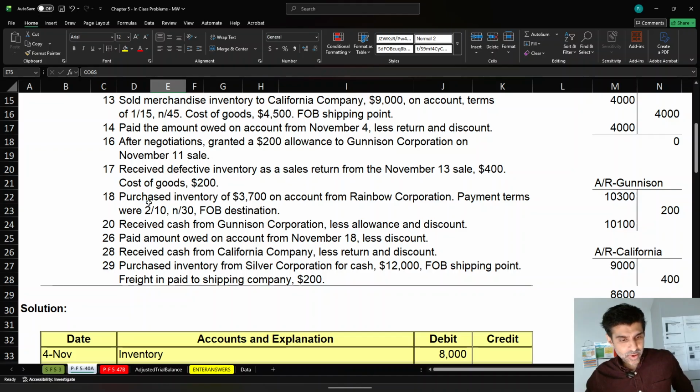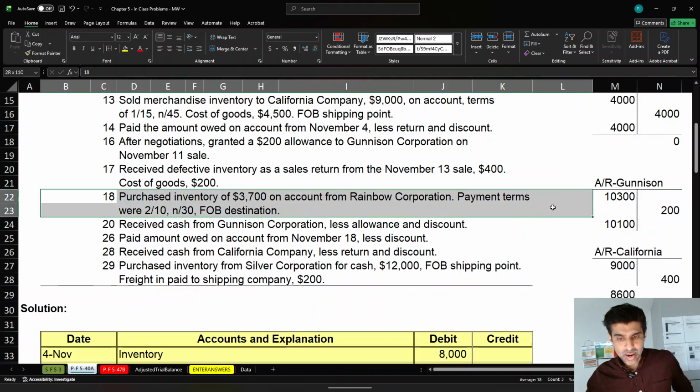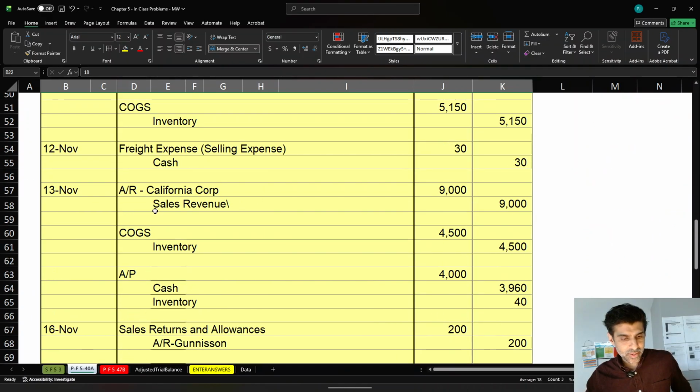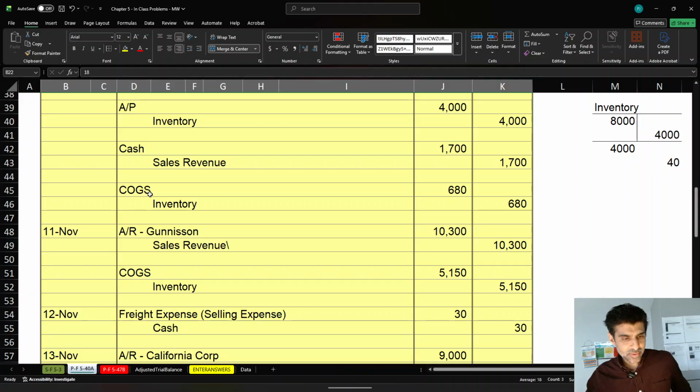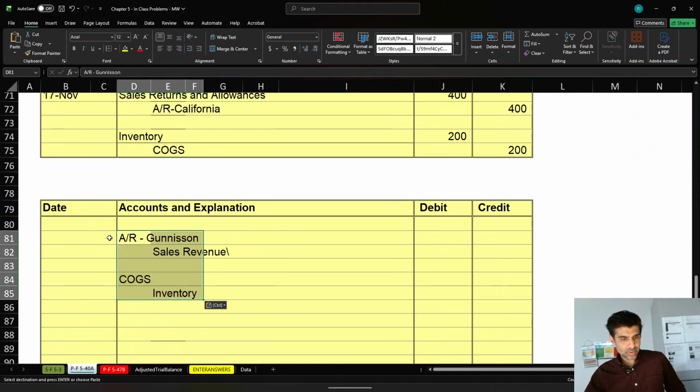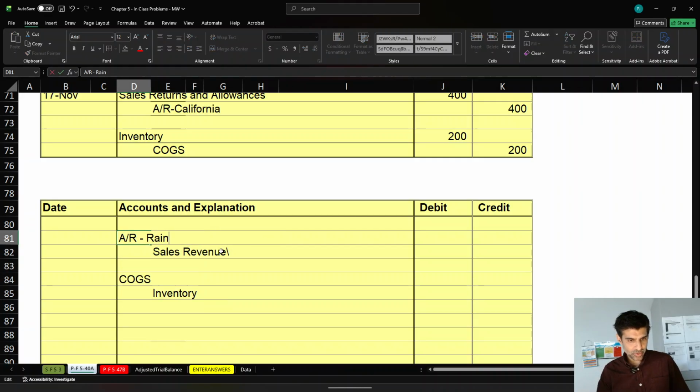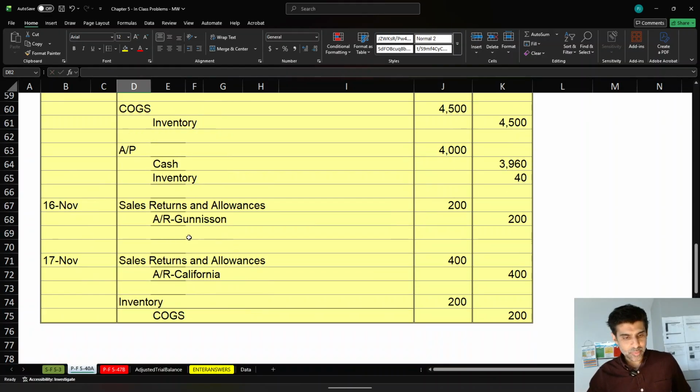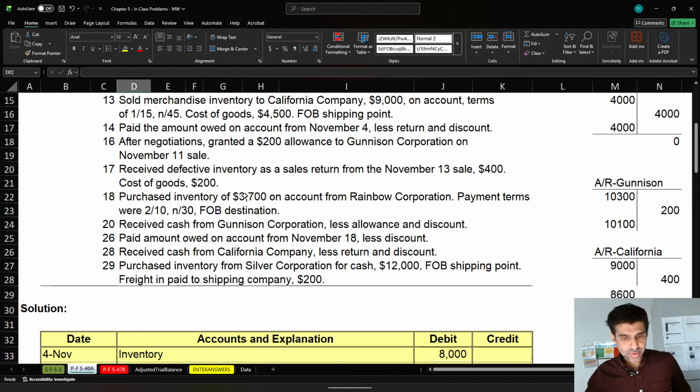Okay. So November 18th, another purchase transaction. So again, I'm just going to copy and paste. We can just use these four, except it's to Rainbow Corporation, I think that's what it was called. It's going to be the same stuff. $3,700 of revenue, and oh wait, this is a purchase transaction.